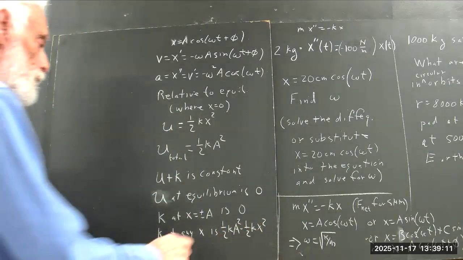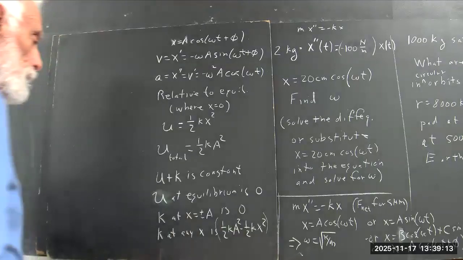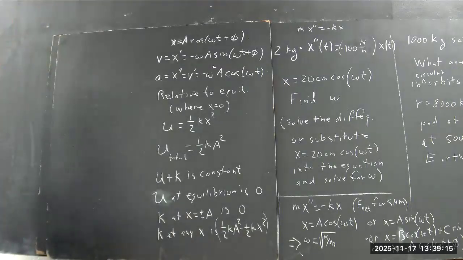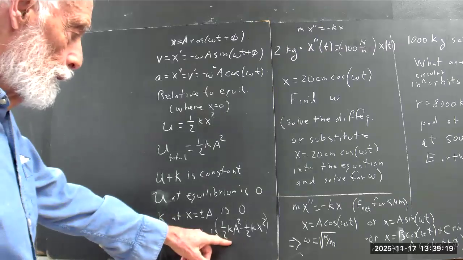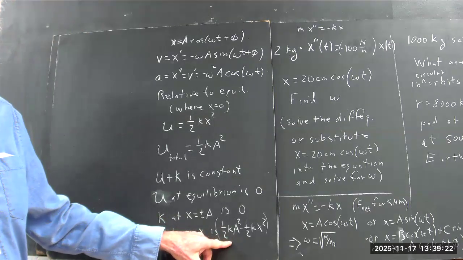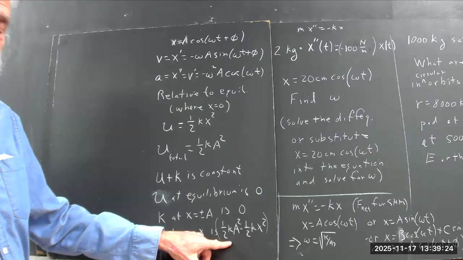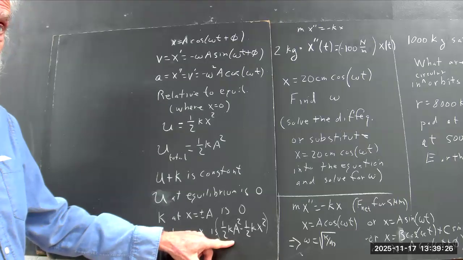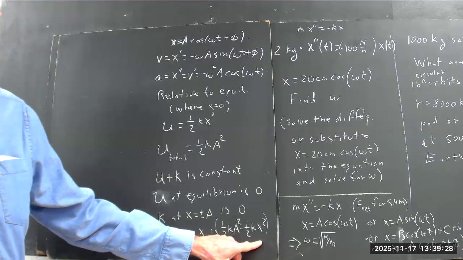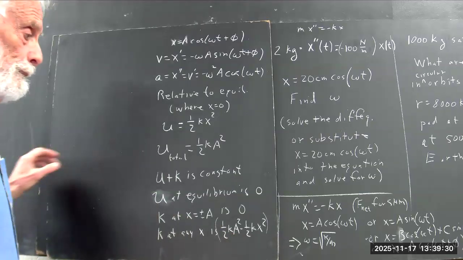It's one half Ka squared minus one half Kx squared, which is your potential energy at the extreme, or your total energy minus your potential energy at x.